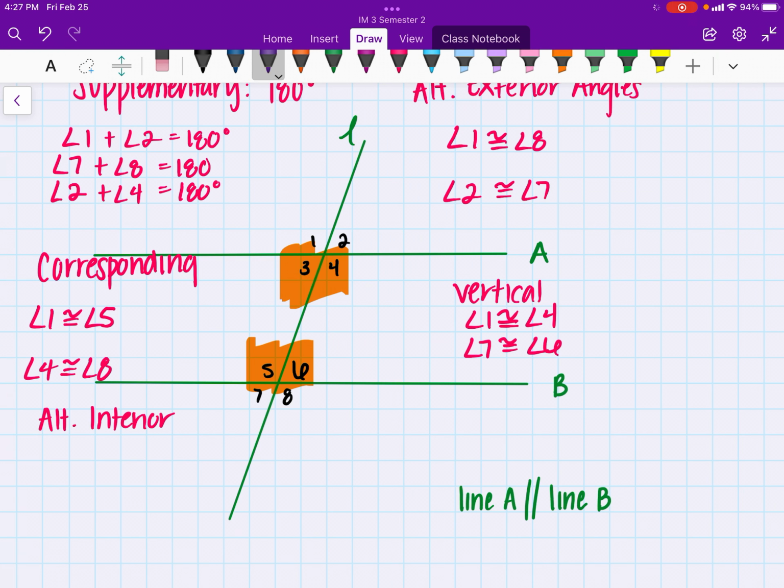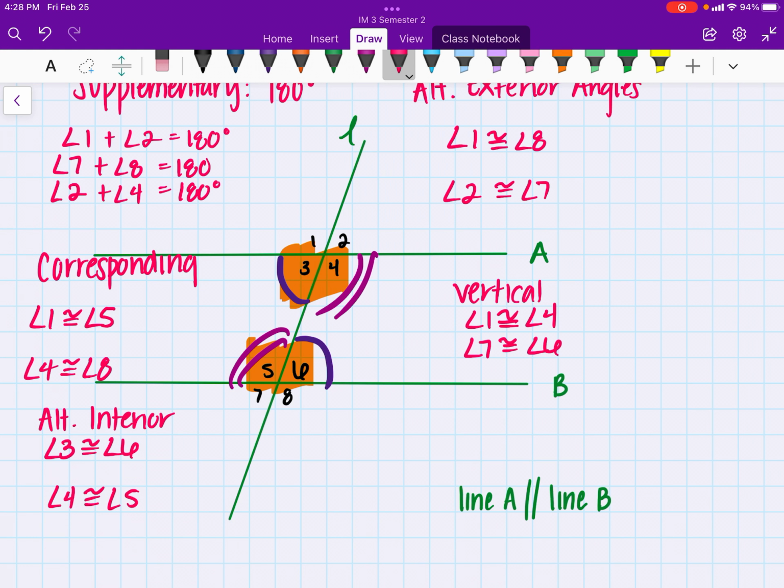So, for example, I could say that 3 and 6 are alternate interior angles, therefore they're congruent. So angle 3 is congruent to angle 6 because they're alternate interior. And we'll say the same thing about 4 and 5. So angle 4 is congruent to angle 5.